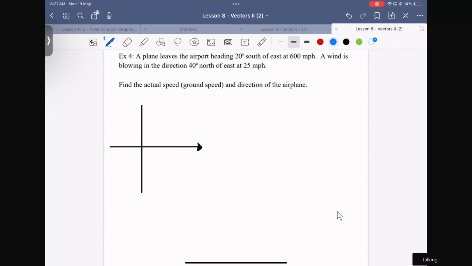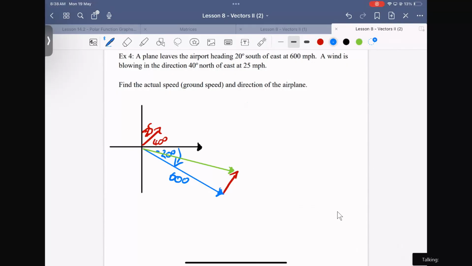Our first vector is going off down here with a length of 600 and an angle of -20. Our second vector is going off in this direction with a length of 25 and an angle of 40. We want the resultant vector, which means we transpose that one over to here and we add the two vectors together and we get the resultant vector in this direction.